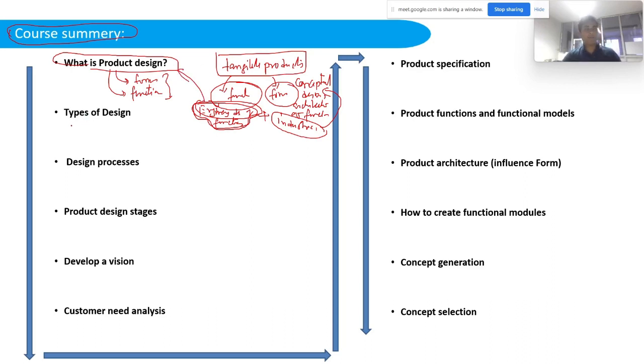Then we discussed types of design. We discussed three types of product design: original, adaptive, and variant design. Original is basically something which is a basis for all concepts, like a microchip.